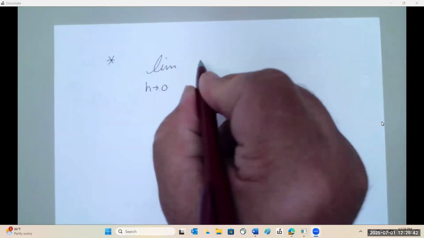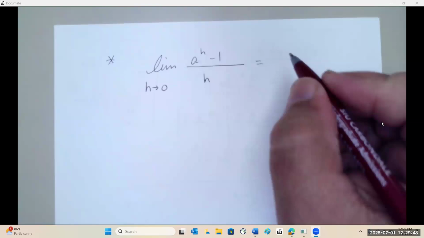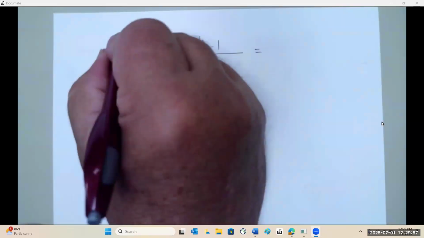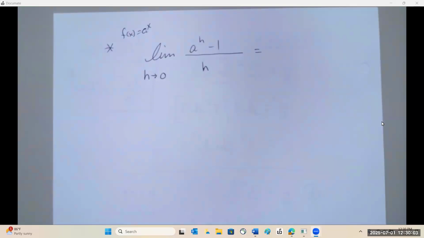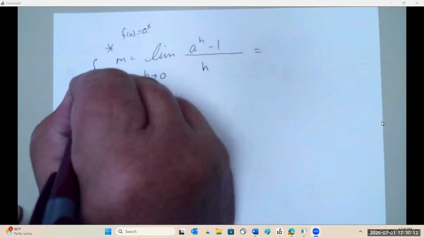This is also another important formula when we deal with slopes. So we look at our function a to the power x. If we were to look at this function through a limit definition, remember the slope is the first derivative.